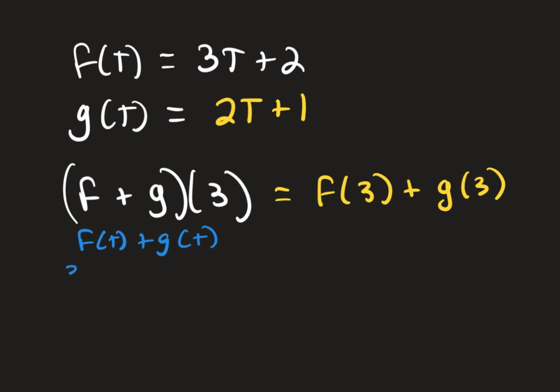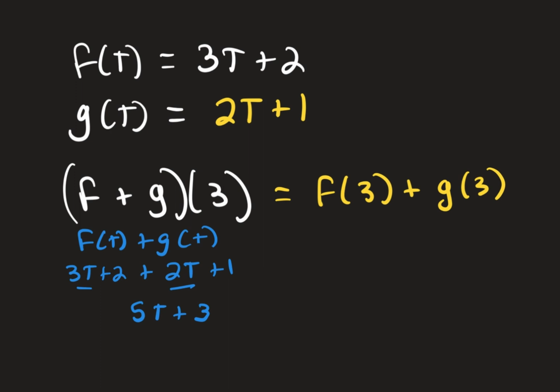So f of t is 3t plus 2. g of t is 2t plus 1. We could take and add those two things together. Combine your like terms. That's 5t plus 3.